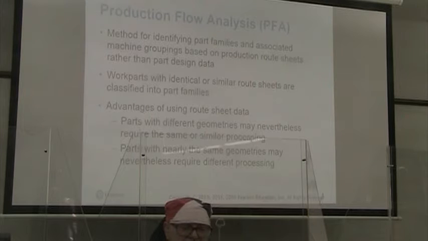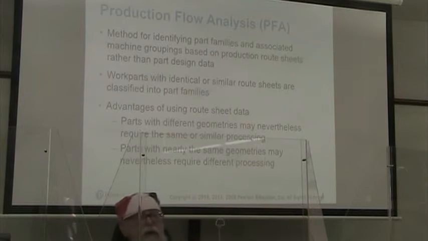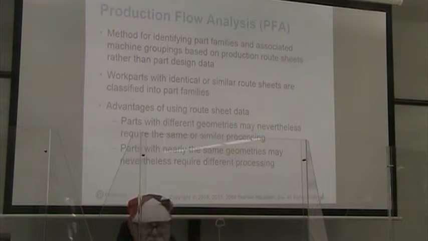The advantage of using this is parts with very different geometries may still require the same or similar processing, while parts with nearly the same geometries may still require very different processing.